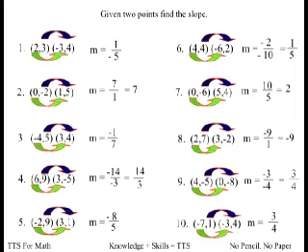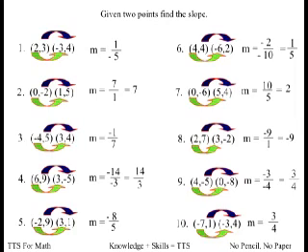Now we're going to go from 1 to 4. Got to go up 3. And from negative 7 to negative 3. Remember, negative 7 is below negative 3, so we have to go up 4.